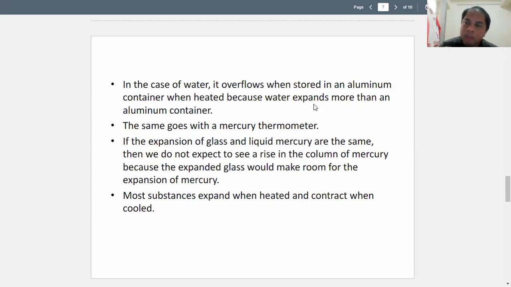The one with a larger volume for the same amount of mass will have lesser density, and materials that have lesser density will tend to float on a material with a higher density. So liquid water has a higher density than frozen water or ice. Therefore, ice floats in water.